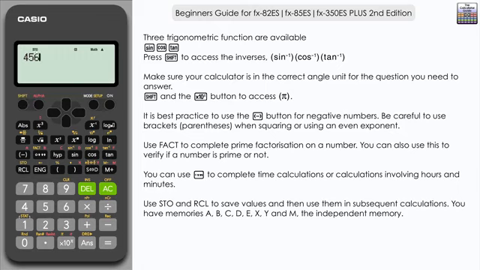And you notice that there is an STO up here indicating that the store has been activated. Now we have different letters representing the different memories that we can store. So we've got A to F here, you can see that in the red font. We have X and Y, and then we have M, which is the independent memory, which we can add values to and subtract values from.